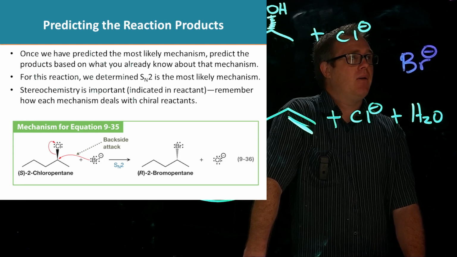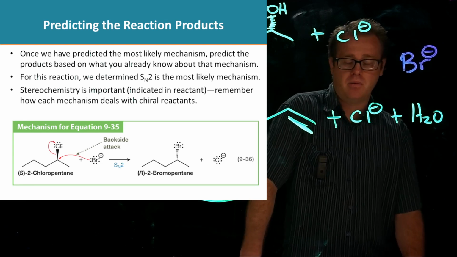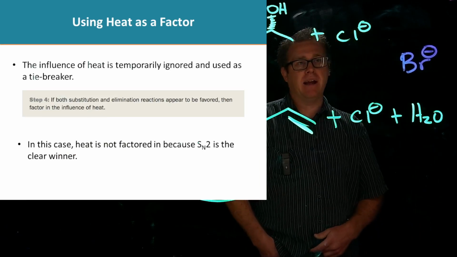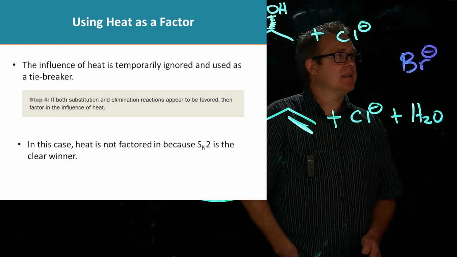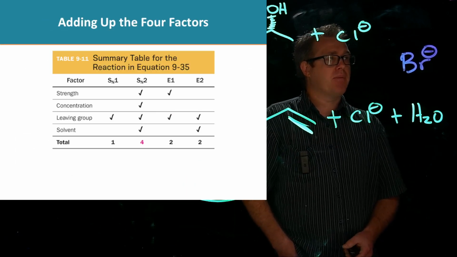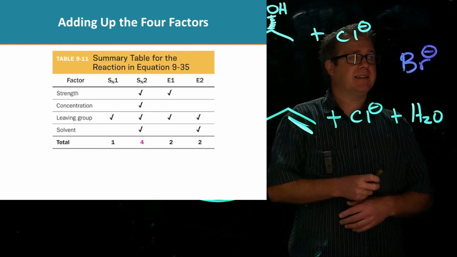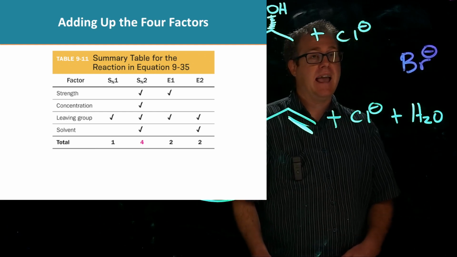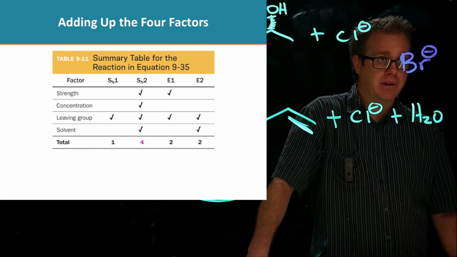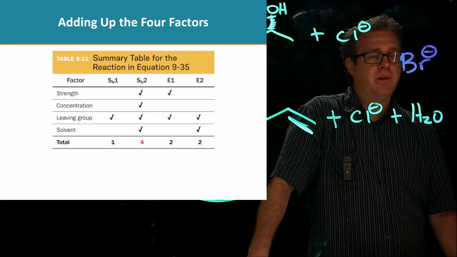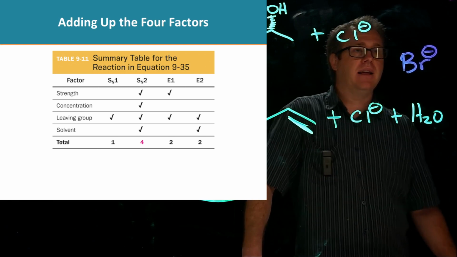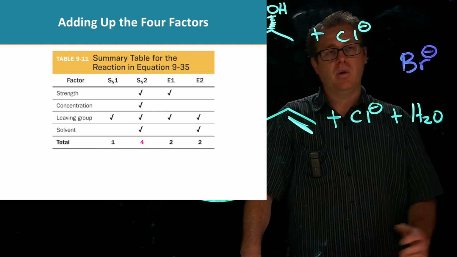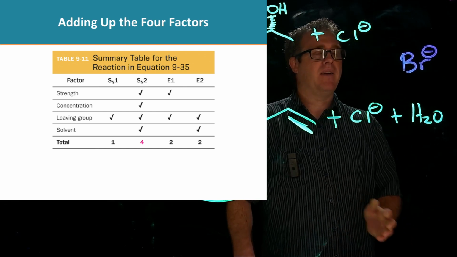Now, the factor when we consider heat is only used to break a tie. Let's say, for example, our particular problem had SN2 with 3 check marks and E2 with 3 check marks. How do we break the tie? Well, if heat was added, then it would favor the elimination. If no heat was added, then we would favor the SN2.